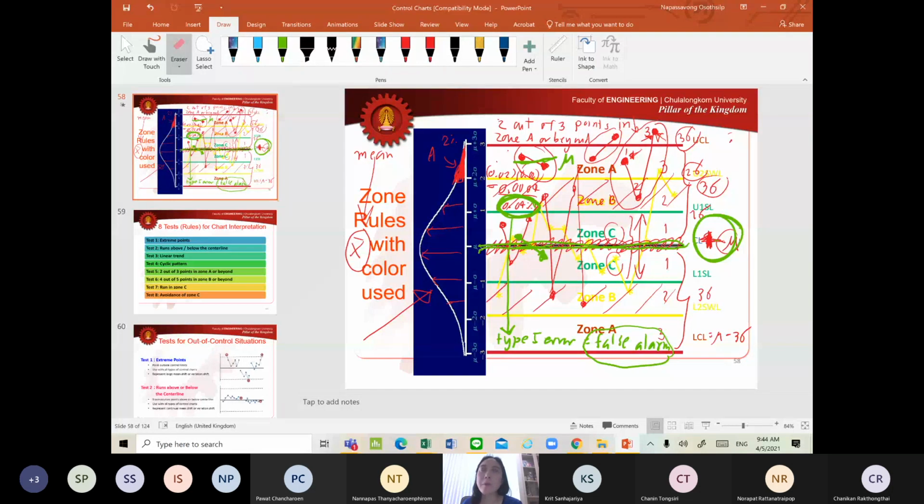You can have a pattern which appears like 4 consecutive points in zone B or beyond, or you can have, like, let me write it down. Oh, sorry.